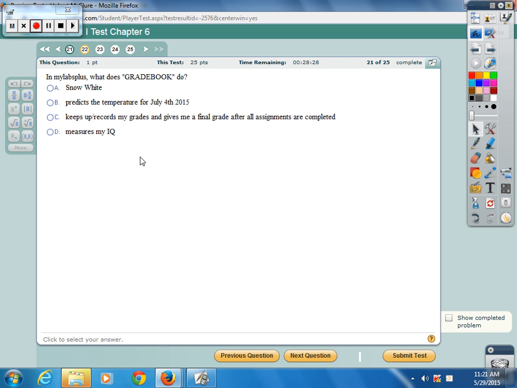In MyLabs Plus, what does the grade book do? No way. No, it predicts the temperature for July 4th, 2015. That's why it's not called temperature predictor, it's called grade book.